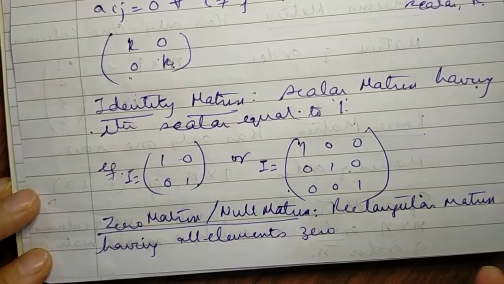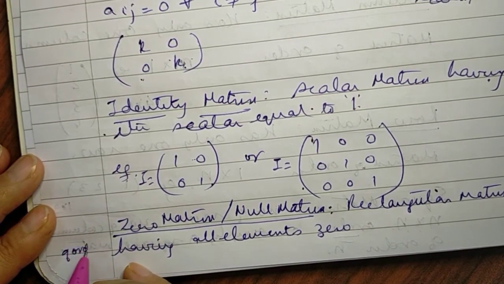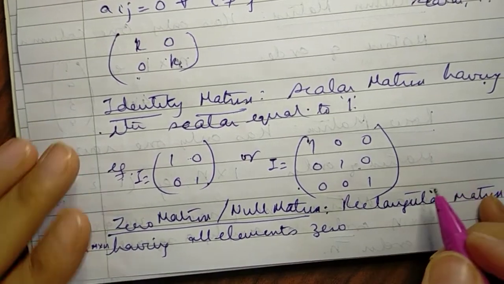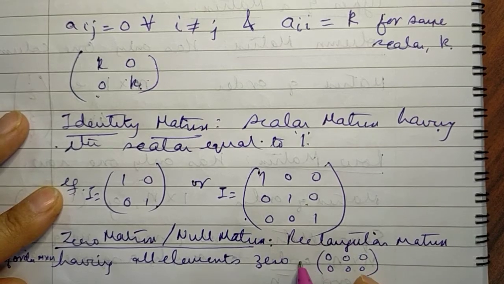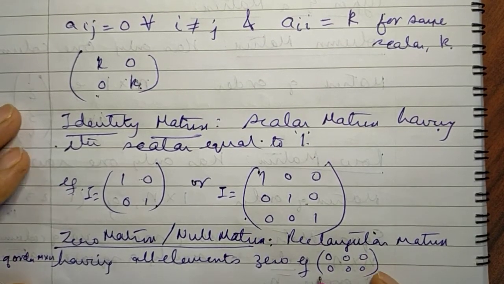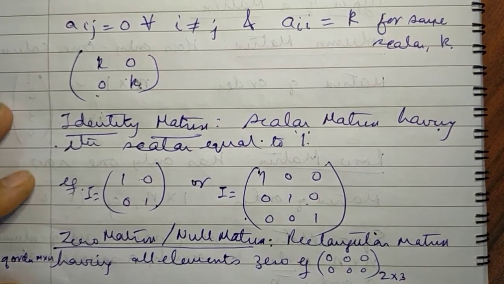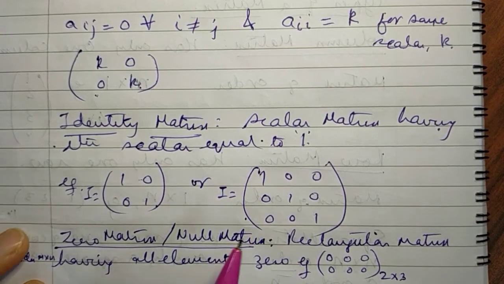That is, it's a matrix of order m by n having all elements as 0. So it would be something like 0 0 0, 0 0 0. This is, for example, a zero or null matrix of order 2 rows 3 columns, so 2 by 3. Similarly you can have matrices of any order.